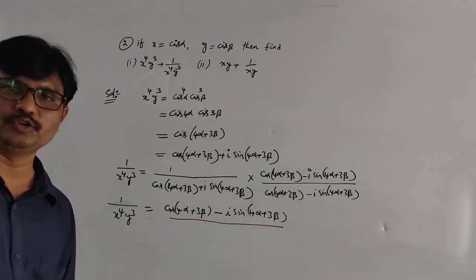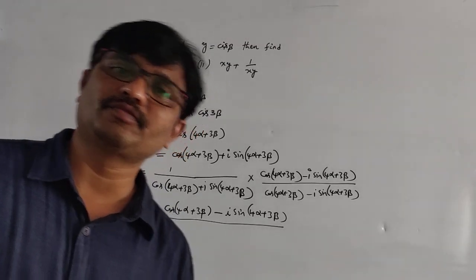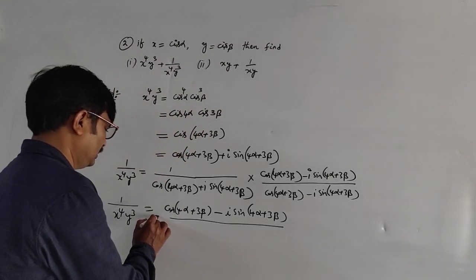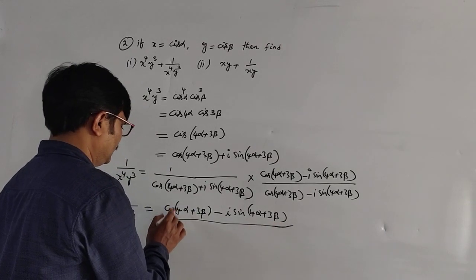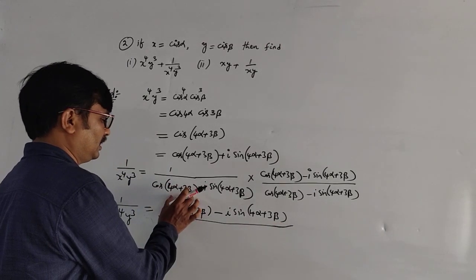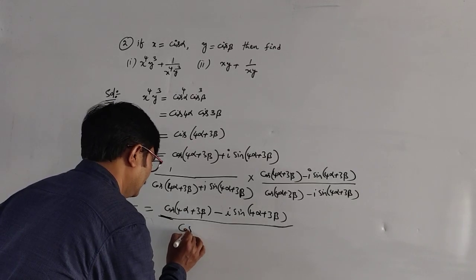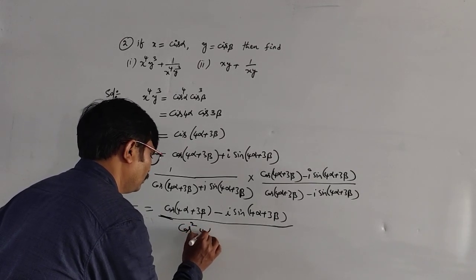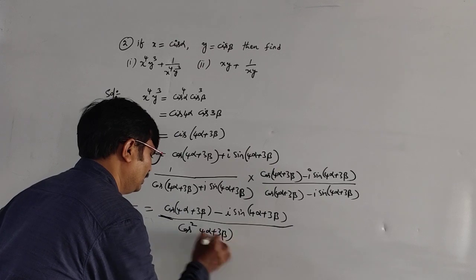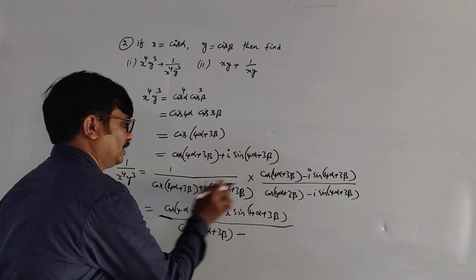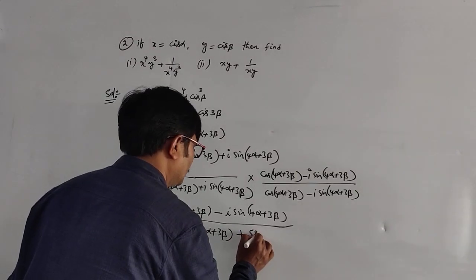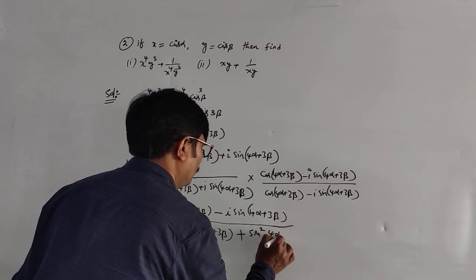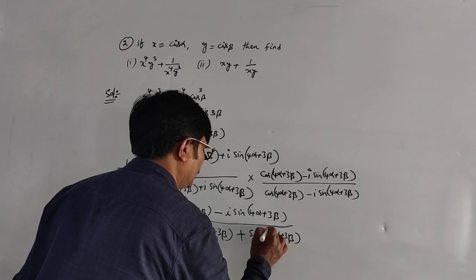A plus b into a minus b is a square plus b square. Here a square is cos square of 4 alpha plus 3 beta, and i square is minus 1, minus of minus is plus, so this is sin square of 4 alpha plus 3 beta.